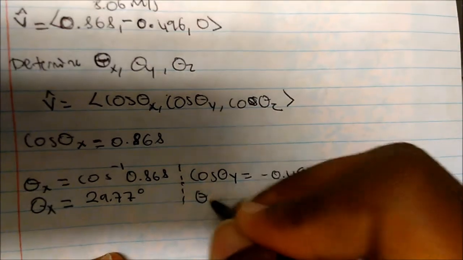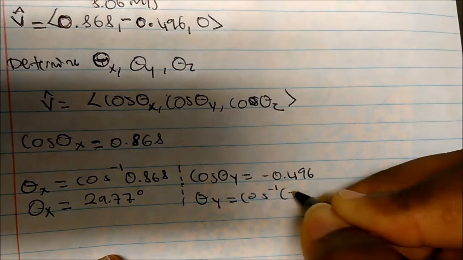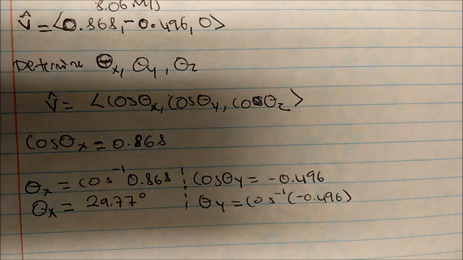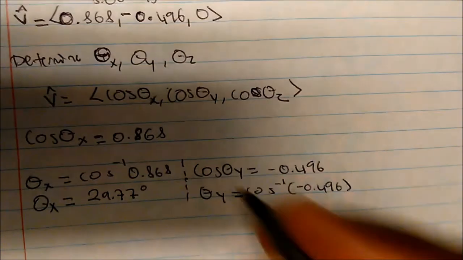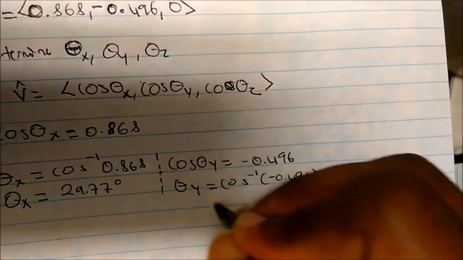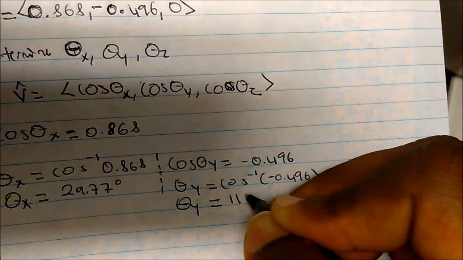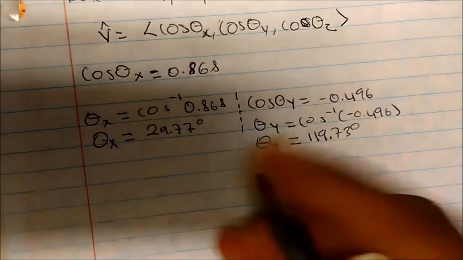So theta y is going to be cosine inverse of -0.496, and if we take that, we get theta y to be 119.73 degrees.